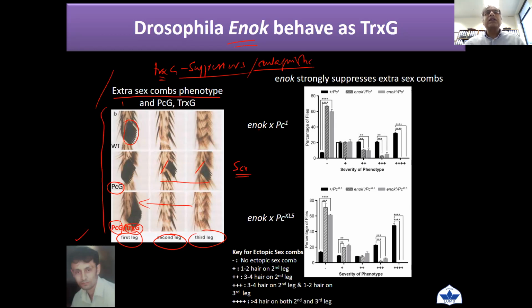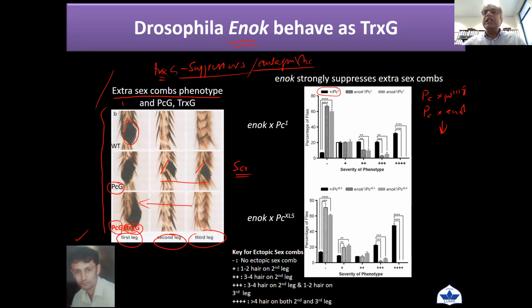We crossed the Polycomb mutant with a w1118 mutant, and we crossed the Polycomb mutant with an Enoch mutant.